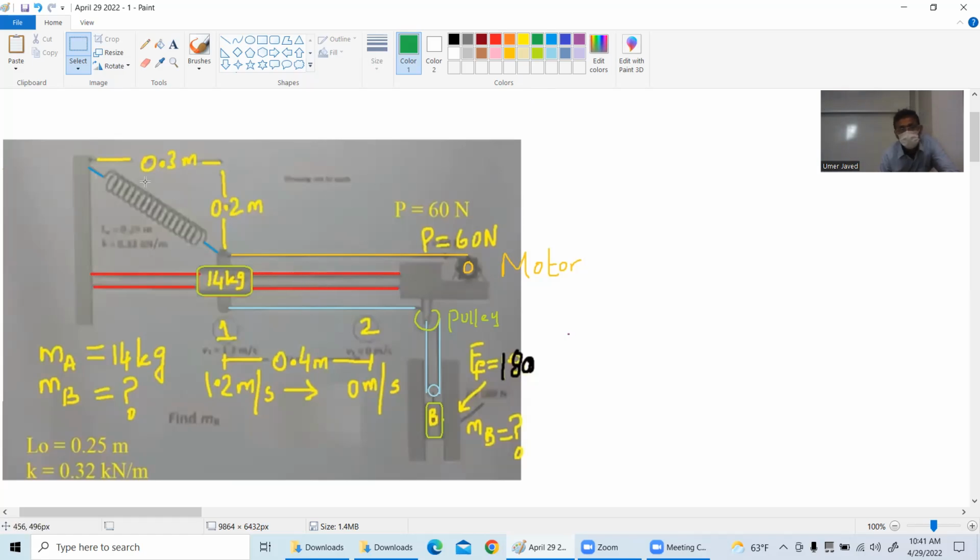Now you can see that there is a spring, right? Now, when you are providing a constant force, eventually the force of the spring with which it is pulling this 14 kg will keep on increasing. Now, there is this mass that is hanging here as well. You can call it a counterbalance.